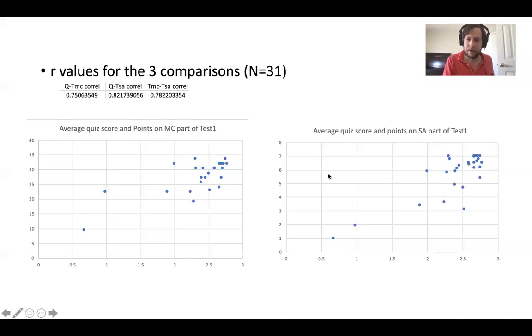Same here for the short answer part of the test, with in fact a slightly stronger R value. Once again, the average quiz score is down here, and then the points you achieved on the short answer part of the test. Once again, a strong positive correlation. Students that performed well on the quizzes also performed well on the short answer part of the test.